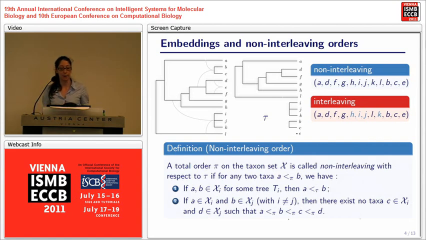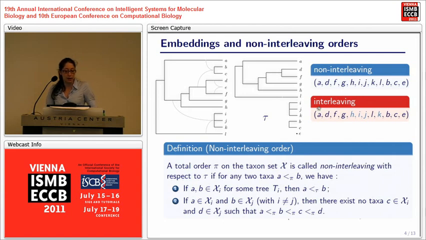So I put an example. Here the first one is a non-interleaving ordering, so it's okay. I have A, D, F, G, H. Then I put all my second taxon set: A, J, K. Then I continue with L, then B, C, E. In this case it's correct because this part is inside here.